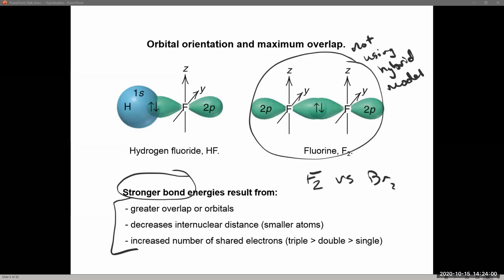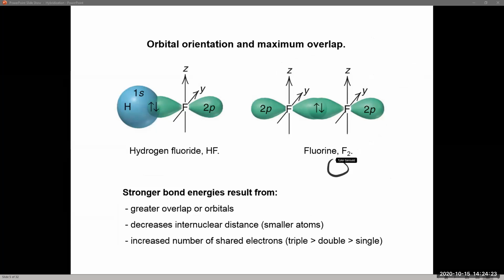Well, we can talk about size. Often size affects the energy required to get these particles away from each other. Even though bromine has a lot more electrons and protons, the fluorine atoms can get really close together. So we'd say that the fluorine-fluorine bond could be stronger than the bromine-bromine bond based on their difference in distance.